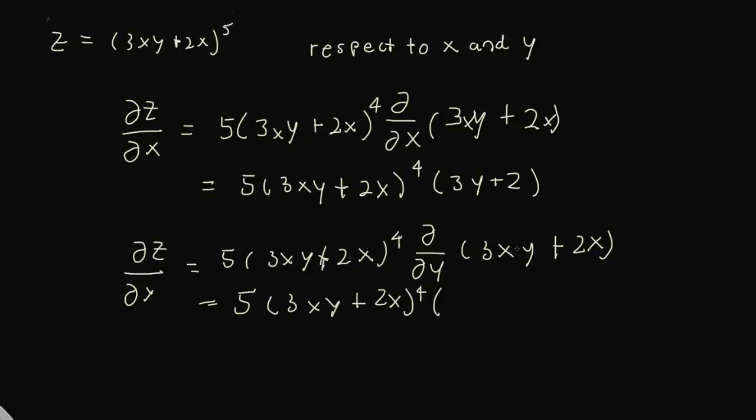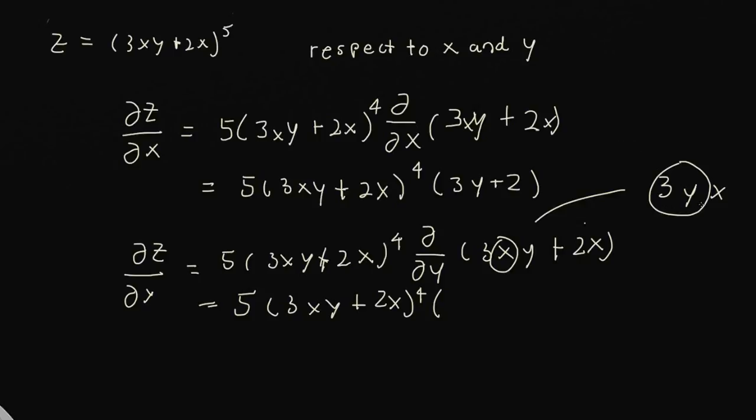Okay, so with respect to y, we're holding x fixed. So in other words, when we're holding x fixed with respect to y, that means in 3y, there's an x here, I just rearranged them.